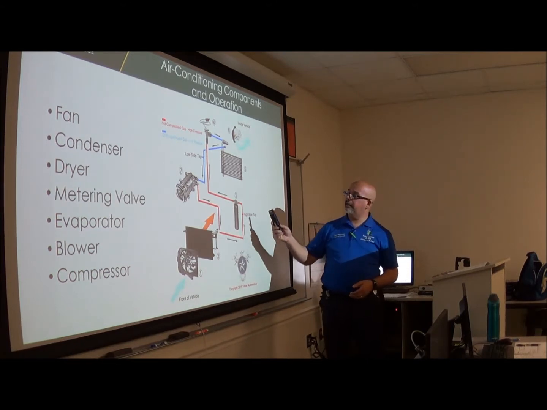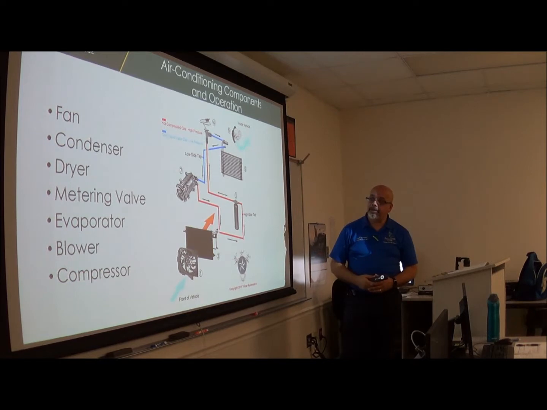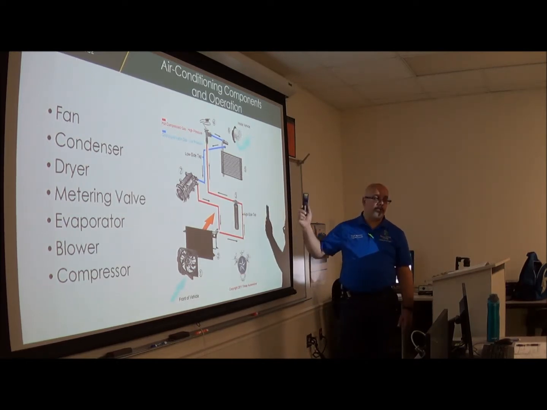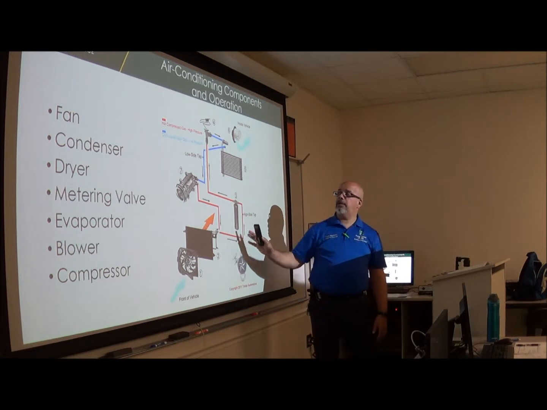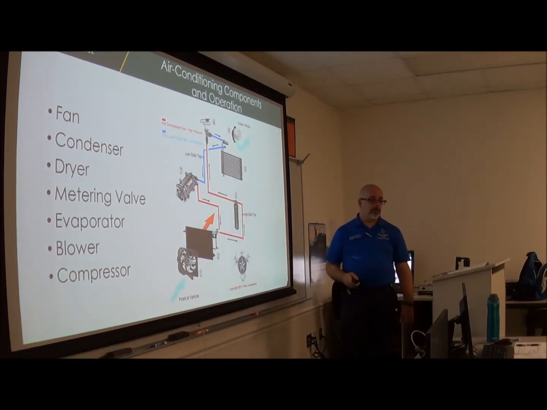And then number 7 will be the compressor, which compresses and recycles that refrigerant again. Everything we see in red here is our high side, everything in blue is our low side. Okay?